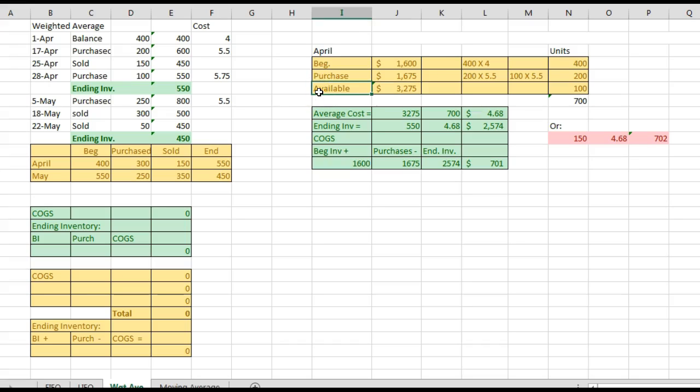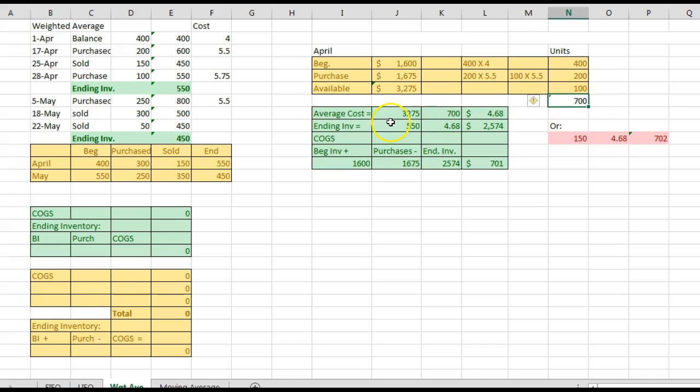Now just hang on there. So, we are looking at finding the average cost of our available inventory. So we had $3,200, and all told there were 700 units.